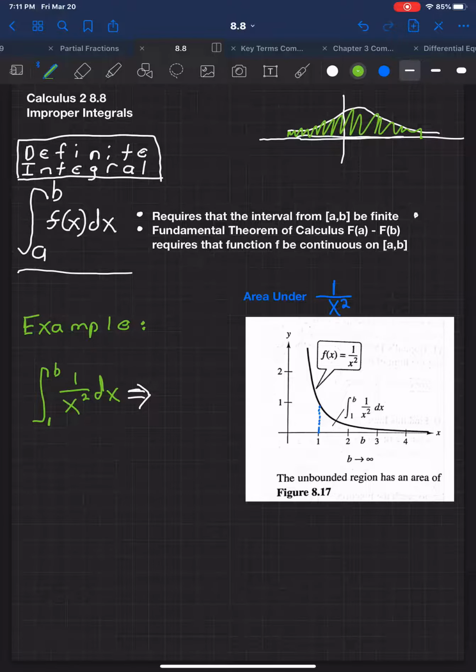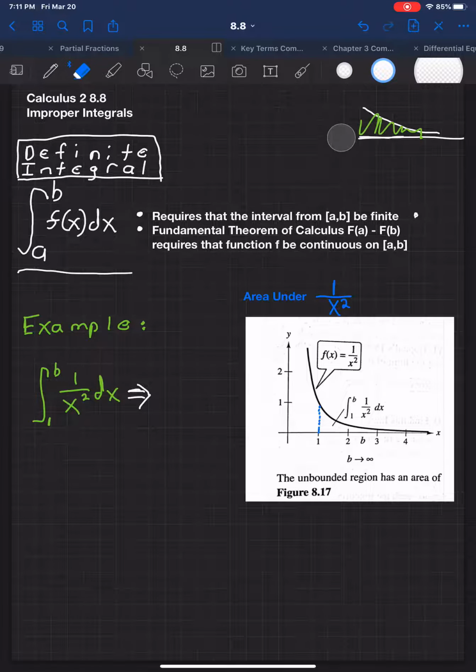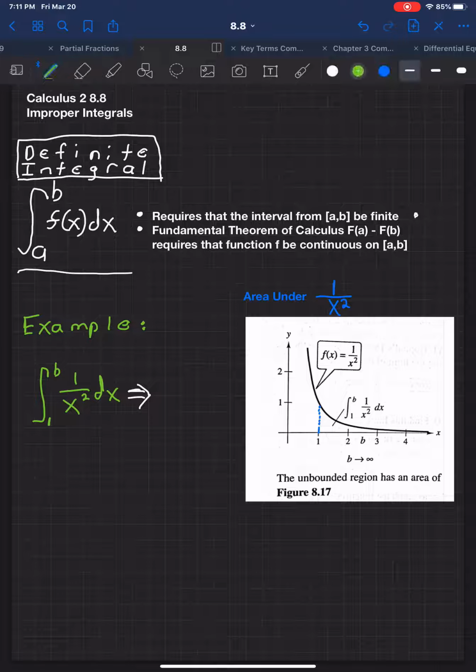Well, that is the study of this section. So it's very, very interesting. We want to take a look at what we call improper integrals. And improper integrals are going to look something like this.